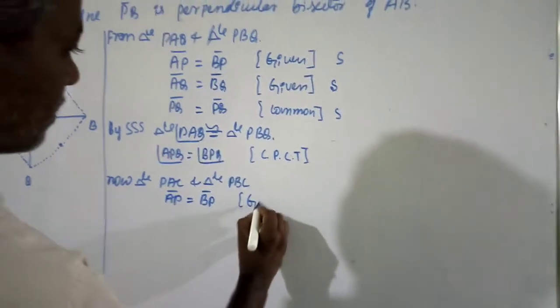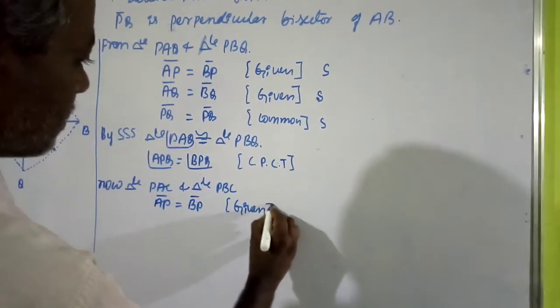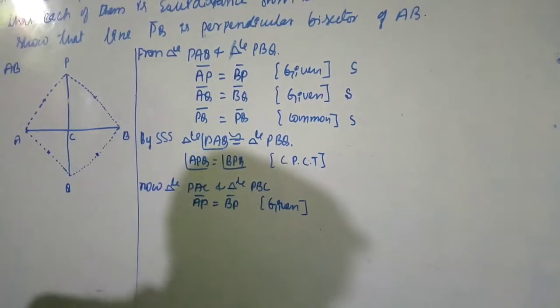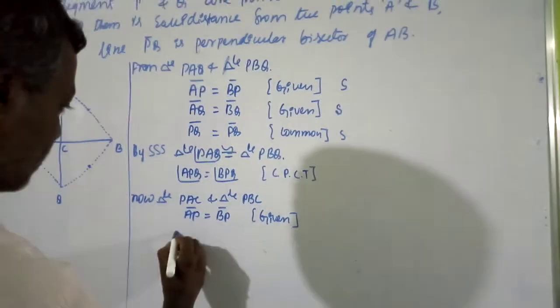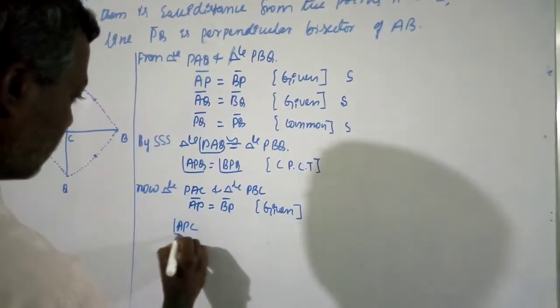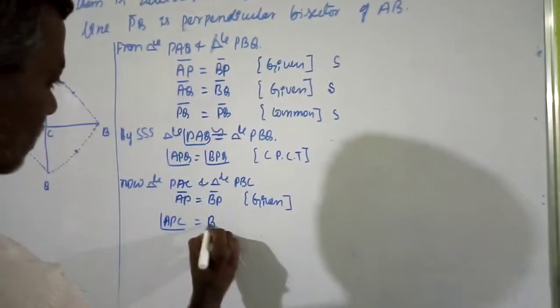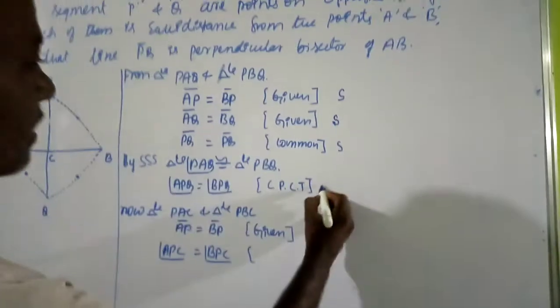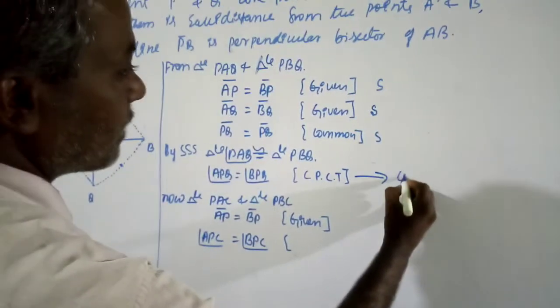This is given. Okay, so next angle APC is equal to angle BPC. So we have taken that here already.